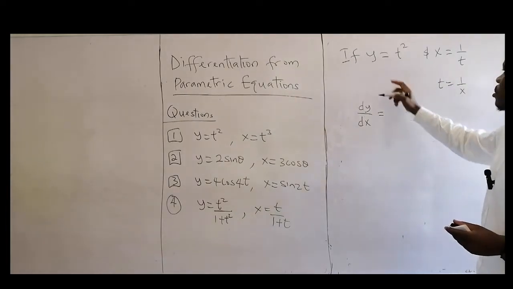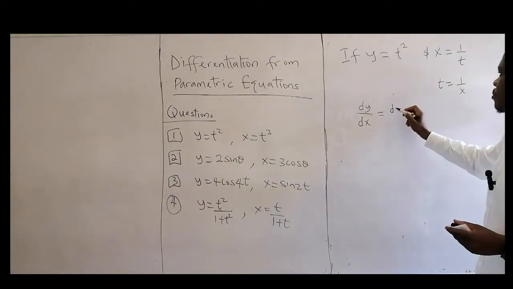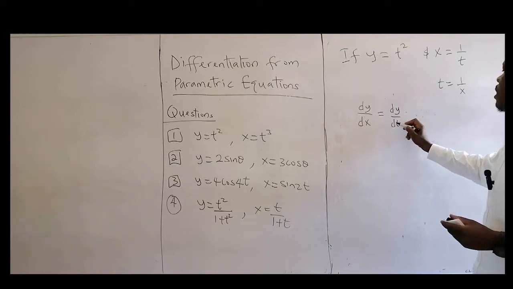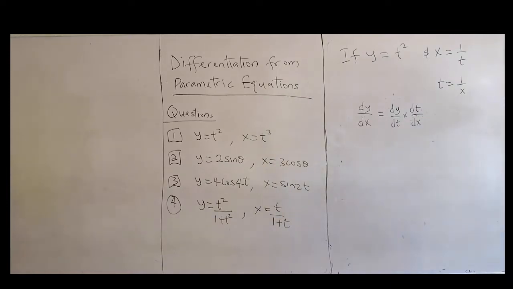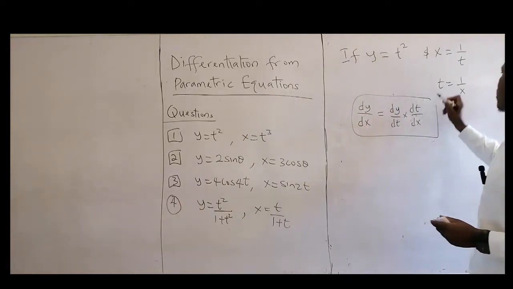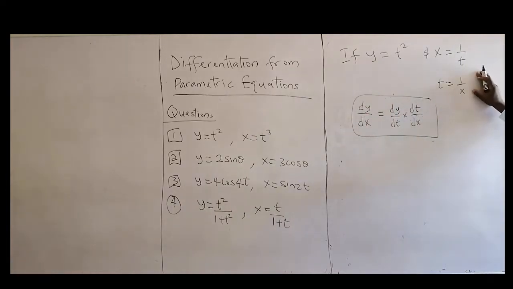Okay? So in that case now, your dy/dx will be equal to dy/dt times dt/dx. But it's not every time. Sometimes it may be complicated to make t a function of x.